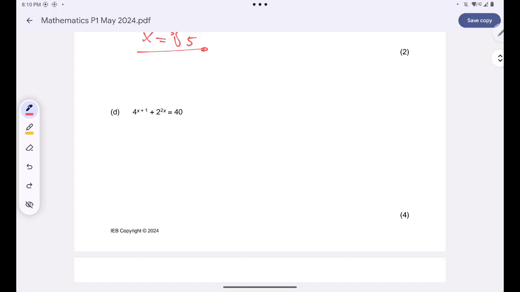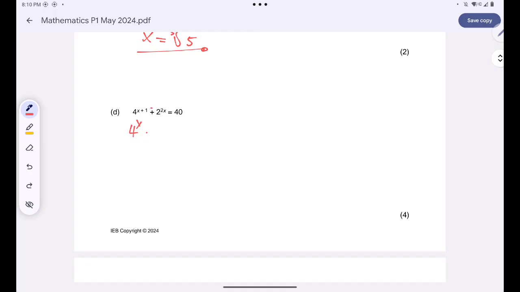Okay, before I even separate my exponents, I can write the 4 to the x as, no, let me rather change that one. This is 4 to the x, right? Remember that I'm supposed to separate the exponents. Why am I separating exponents?